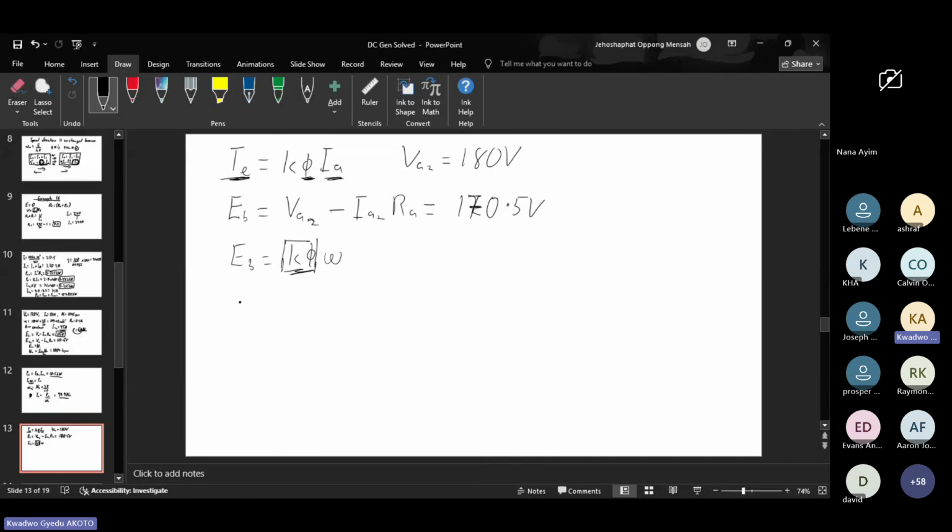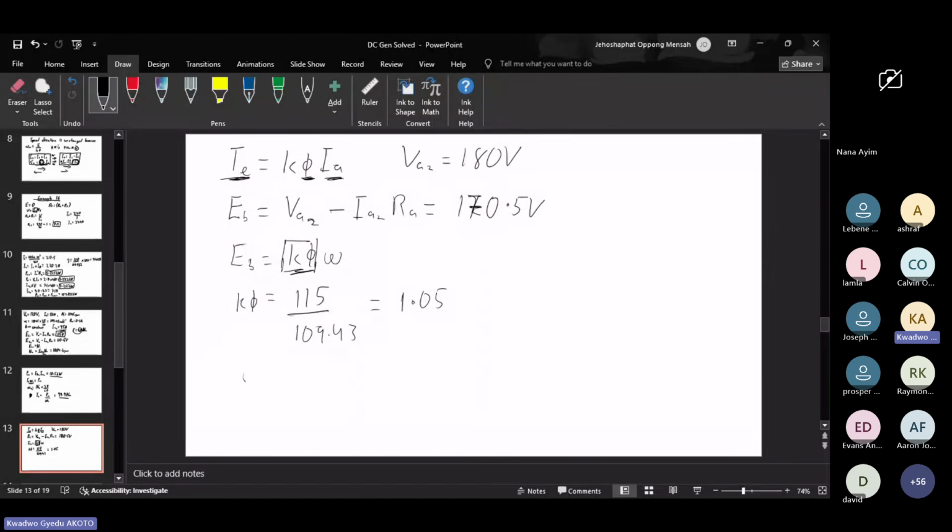So our constant K phi is going to be equal to our EB1, which was 115, divided by our speed in radian per second at that voltage, 109.43. So our K phi is going to be 1.05, right?